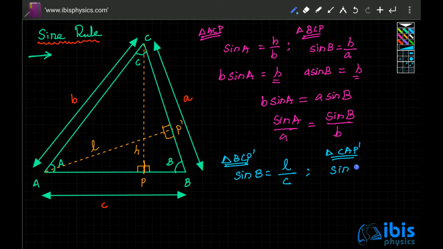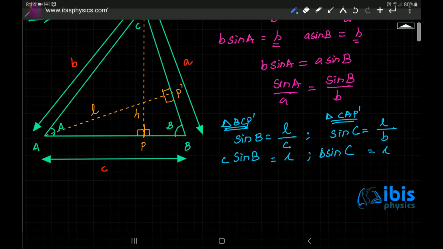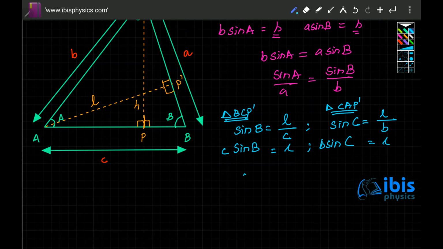So sine C equals l by the hypotenuse, which is b. Then l is equal to c sine B and l is equal to b sine C. Since the right hand sides and left hand sides are equal, c sine B equals b sine C. So sine B by b equals sine C by c.